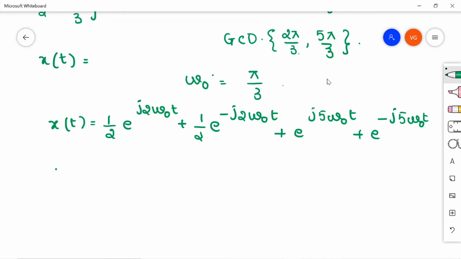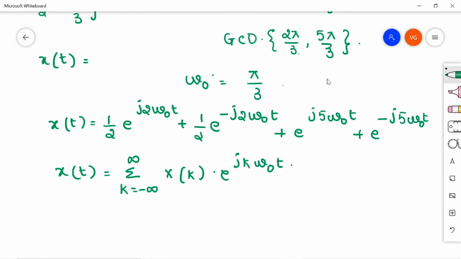Now you have to compare with the basic formula, that is x of t is equal to sigma k running from minus infinity to infinity x of k e power j k omega naught t. So if you observe here, this is your x of k and this is e power j k omega naught t.